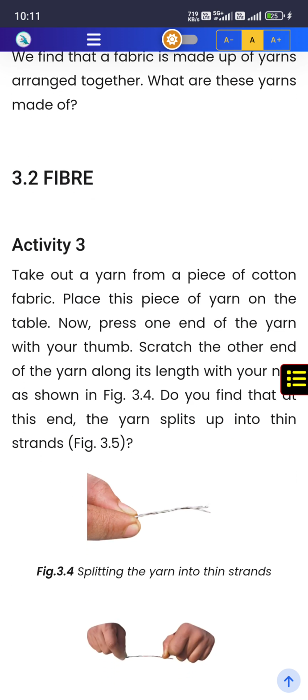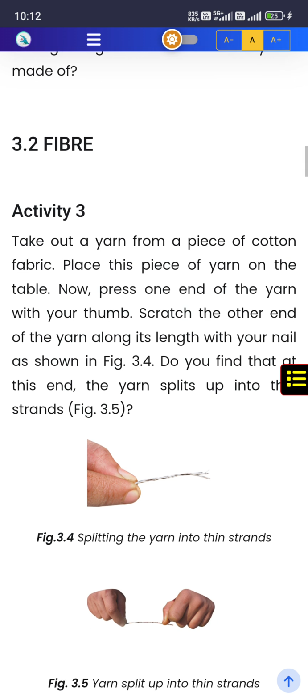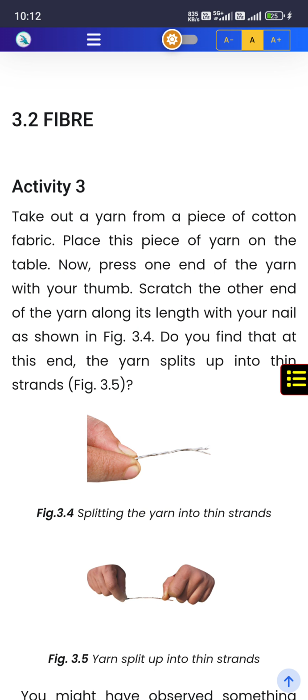The next up is 3.2, fiber. They are saying that the thread that you took out, the piece of yarn from the piece of cotton, place this yarn on the table. Take your nail and scratch it along its length.